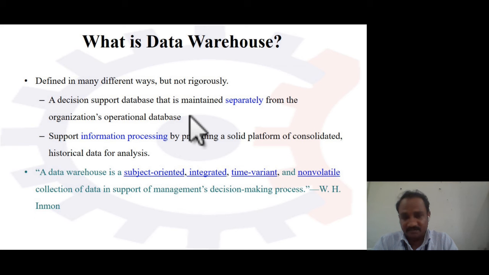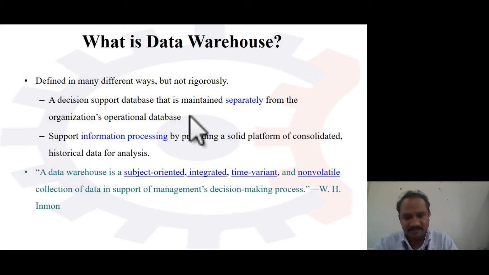Decision support database is used to give decisions while the organization is in trouble, is in loss. When a company is in loss, at that time the company requires some sort of decisions to overcome that loss. So such decisions can be provided by the data warehouse.